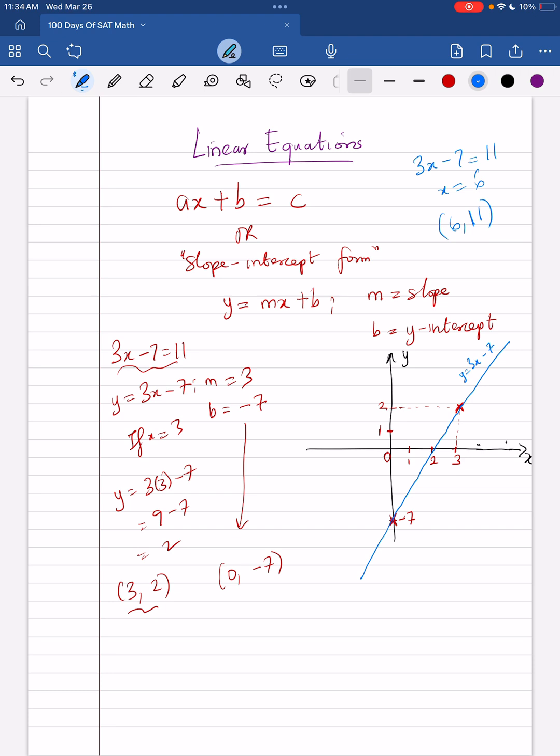So we can represent that on the graph by, if this is 6 here, when you trace that up, the value of y is 11, so somewhere around here. All right, you get the point. Of course, this graph is not drawn to scale, but you get the idea. Okay, so this is how you graph linear equations. They help you see the solutions graphically.